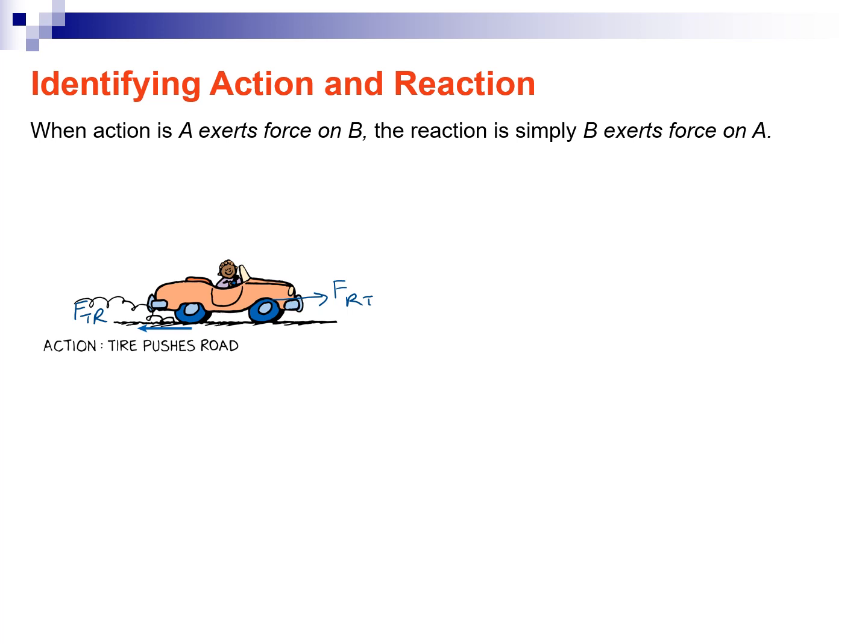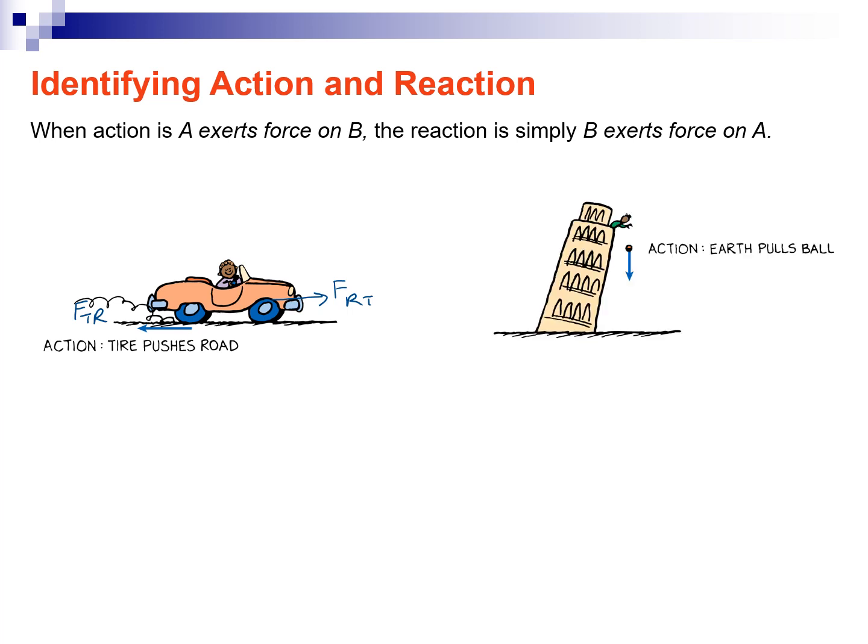Now, here is another example. Action is earth pulls the ball. So we draw an arrow on the ball and label it as force of earth on the ball, FEB. What is the reaction?